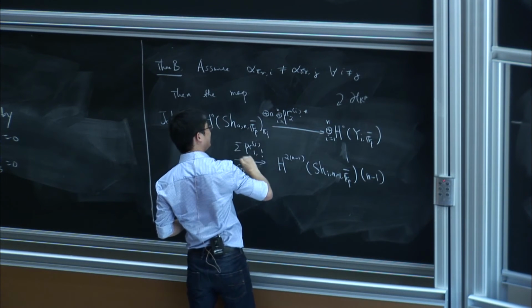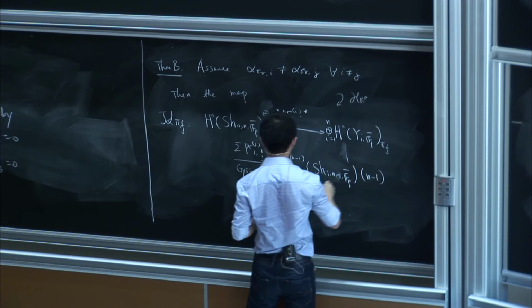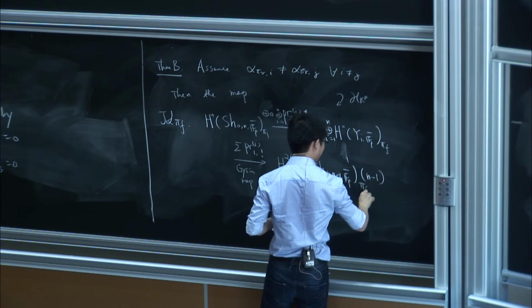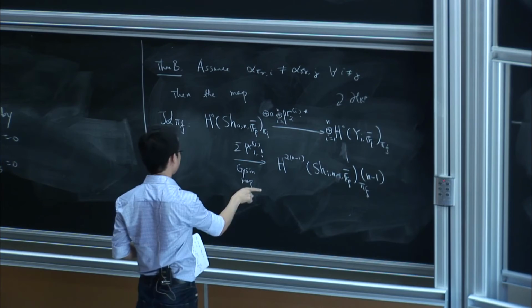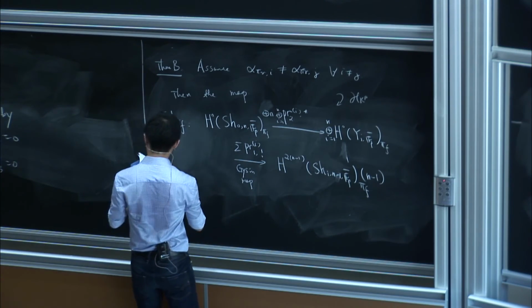Then you take the pi_f-typical component of this. Then this map is injective.